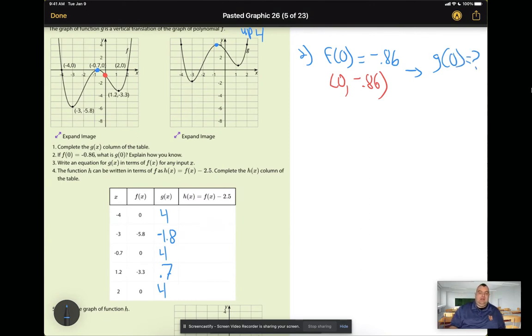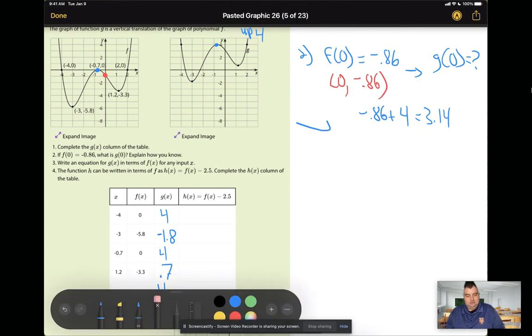Well, to figure that out, I have to do the same thing I did in this table here. I have to take the y value and add 4 to it. So negative 0.86 plus 4, since it's shifting up 4, is 3.14.